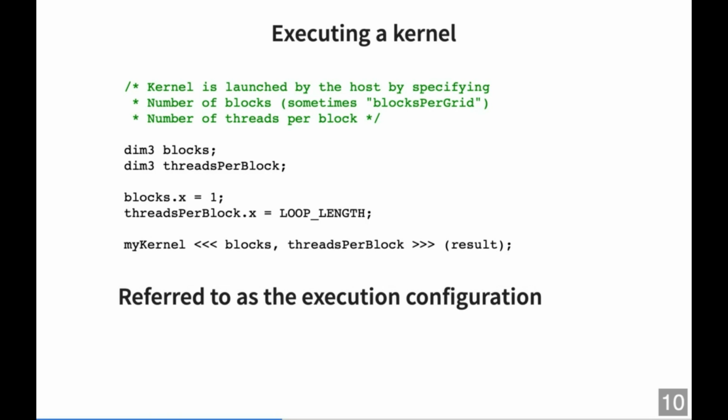We've declared a couple of these dim3 things. The first one is called blocks, and the second one is called threads per block. As this is a one-dimensional problem, I'm going to declare that I have one block of work in X, and the number of threads per block in the X direction is the loop length.